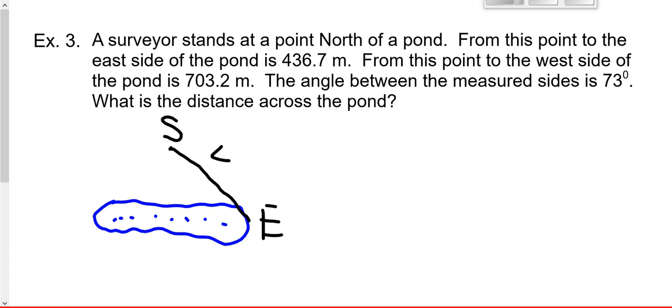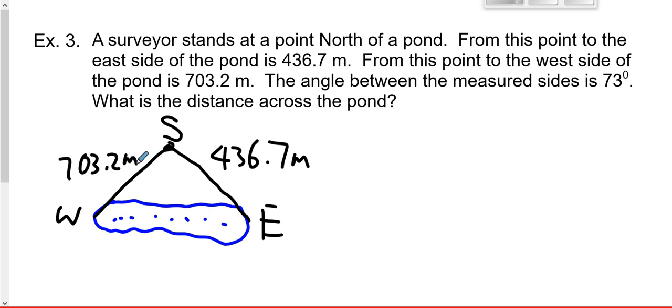So it is 436.7 meters. And from this point to the west side of the pond, this is the west side of the pond, and the distance is 703.2 meters.